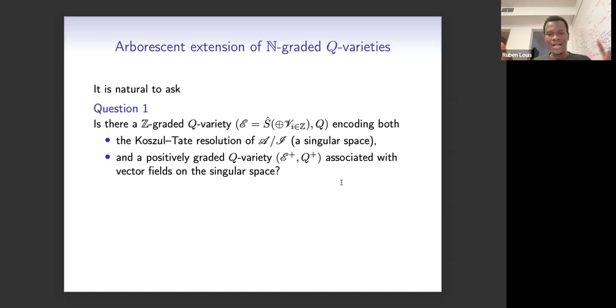Then this will combine both structures together.